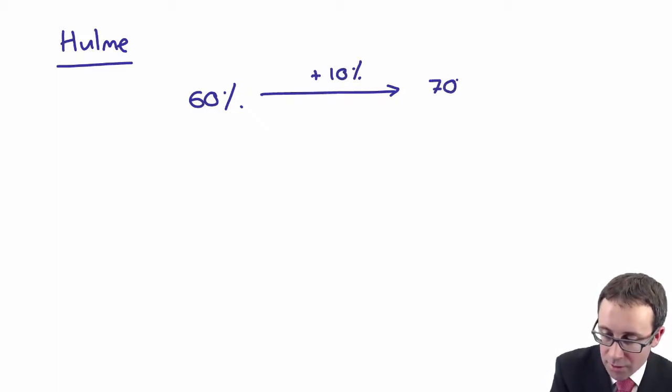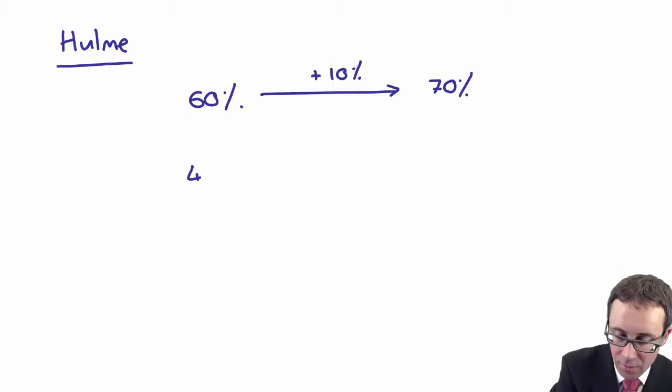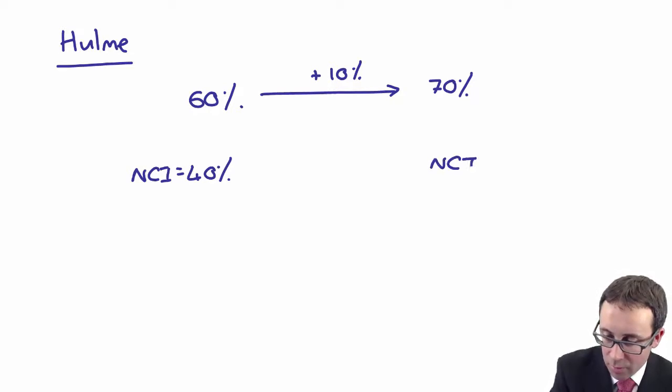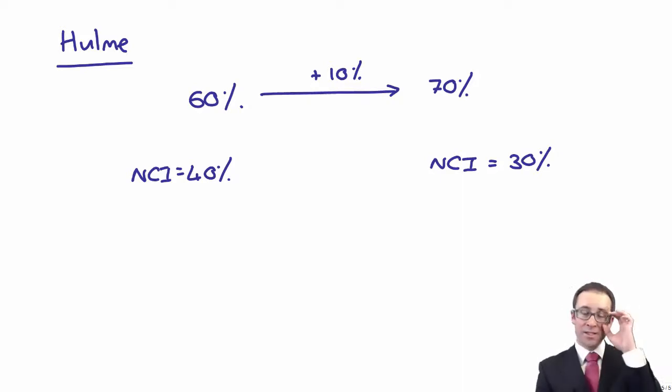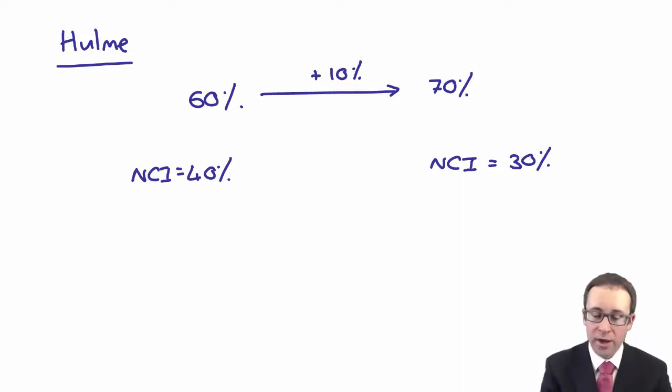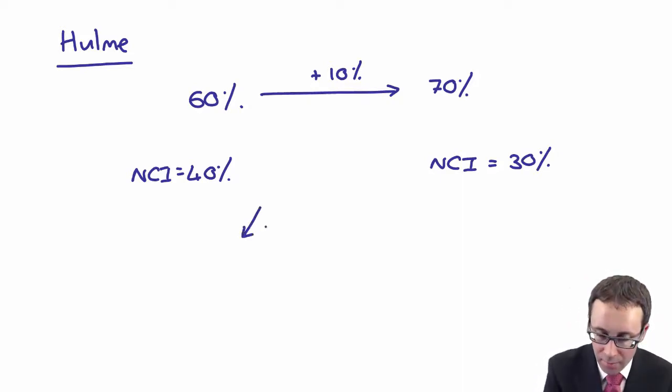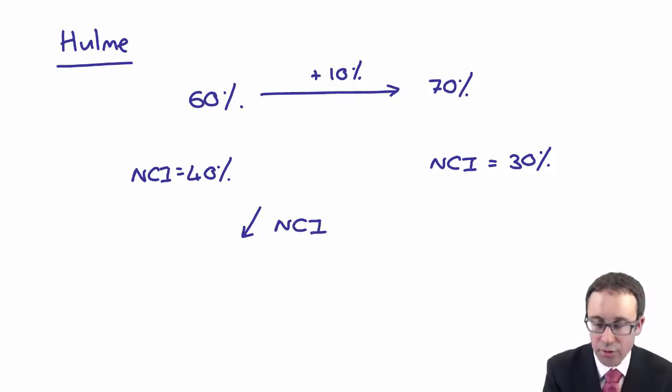So we now own 70. So the NCI was equal to 40. The non-controlling interest is now equal to 30%, isn't it? Okay. So there is a reduction in the non-controlling interest.